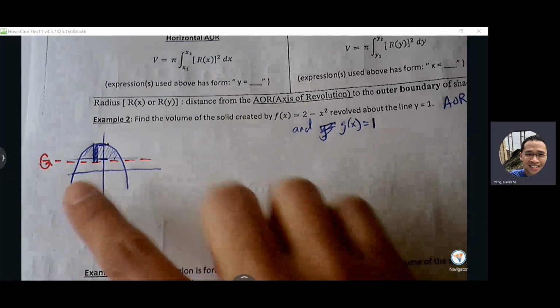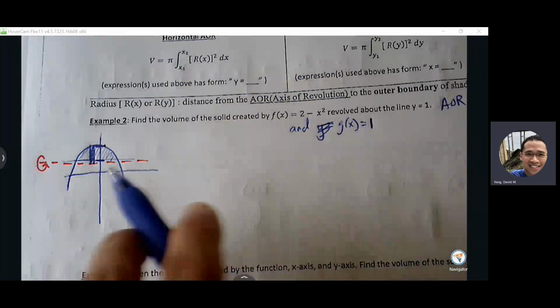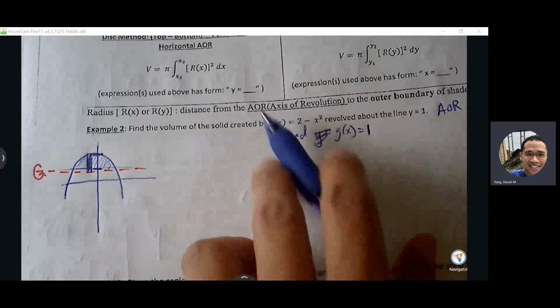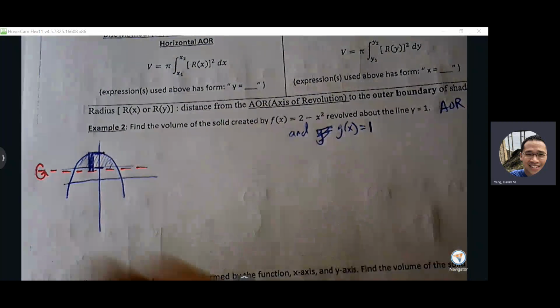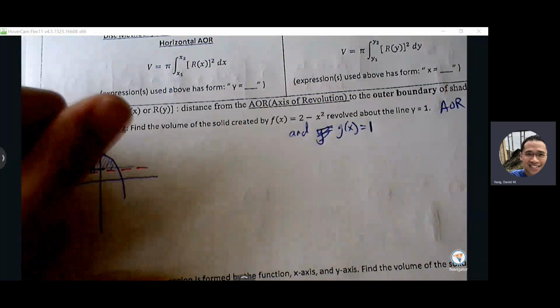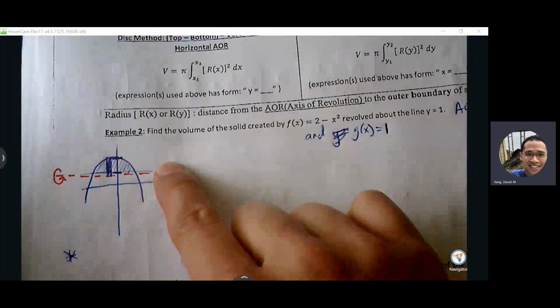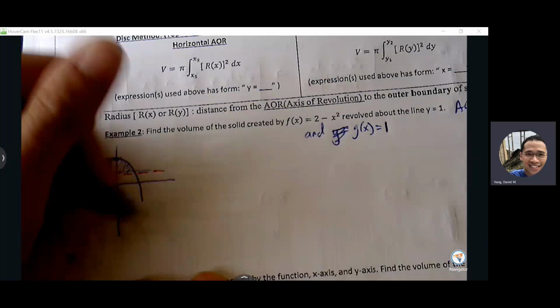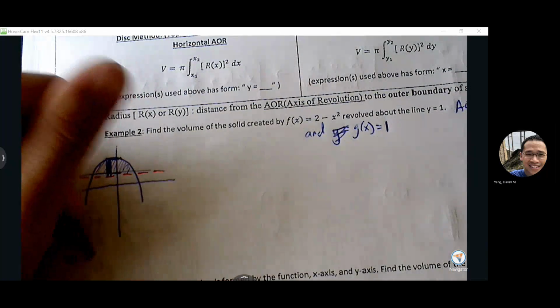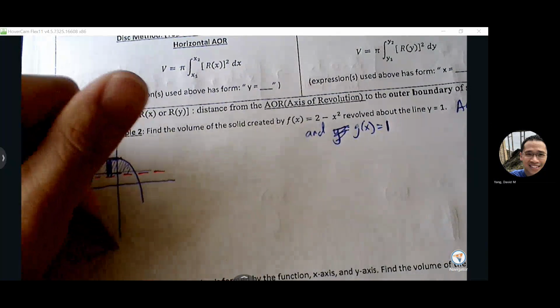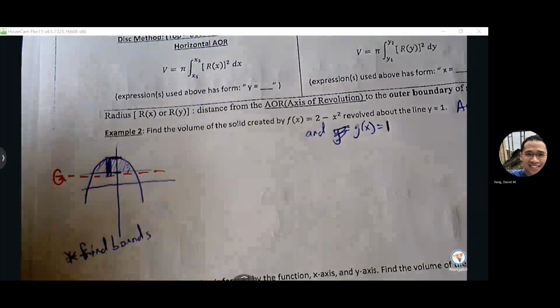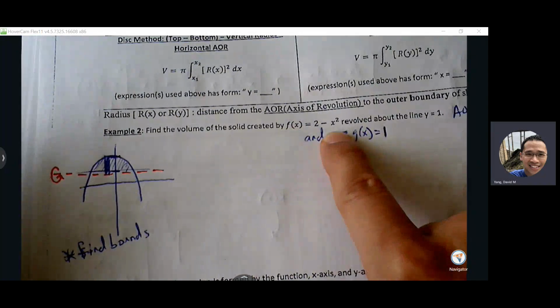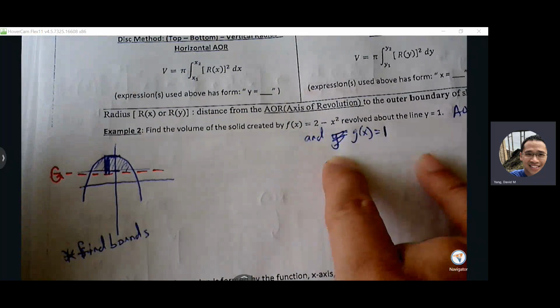Okay, let's go ahead and find the intersections. In this case, we really can't tell where the intersections are. We're going to have to find them the same way that we did in the previous section. We have to set the equations equal and find the intersections. So we're going to find the bounds. So I'll set 2 minus x squared equal to 1.